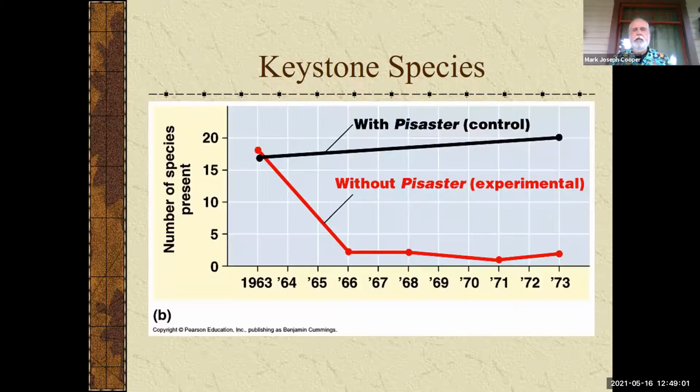community collapses. And here again, this was done by Castro over at Cal Poly, but Pisaster is the sea star. Over the years, what they did was look at the number of different species present with the Pisaster there, and if you removed them, you can see it drop down to 1 or 2.